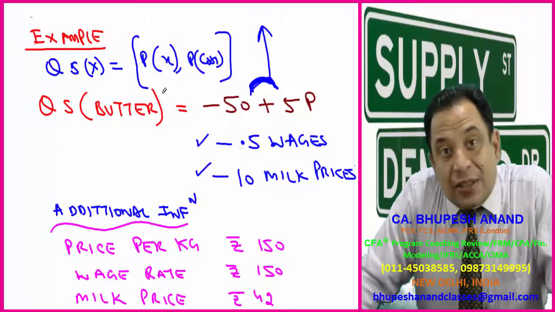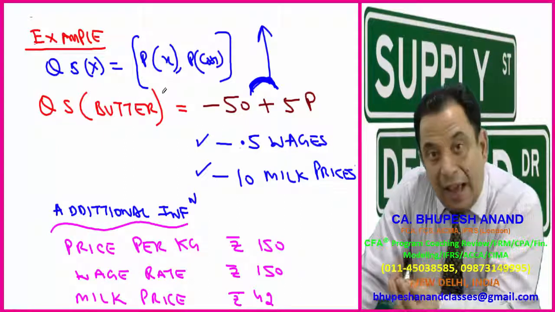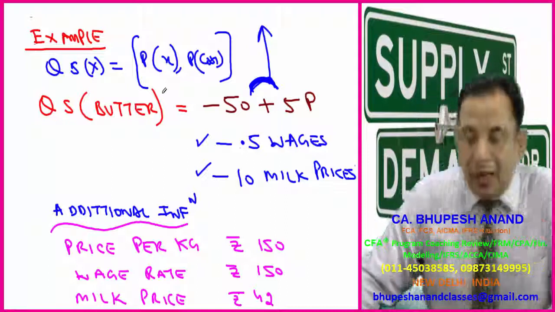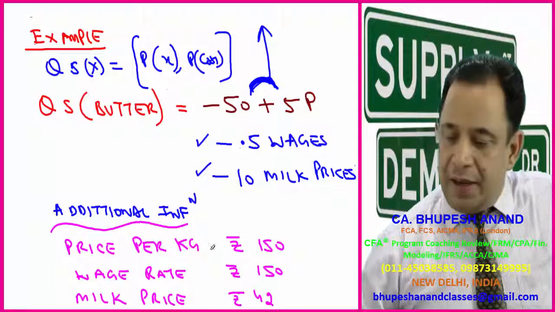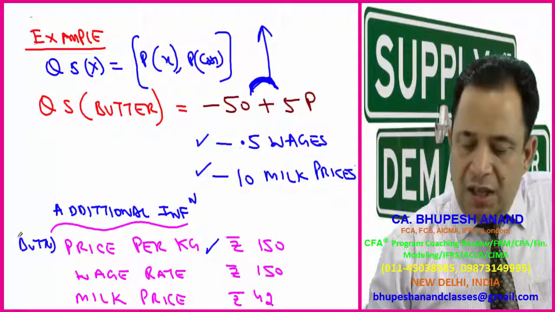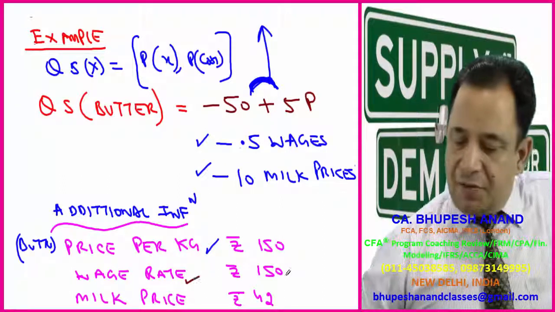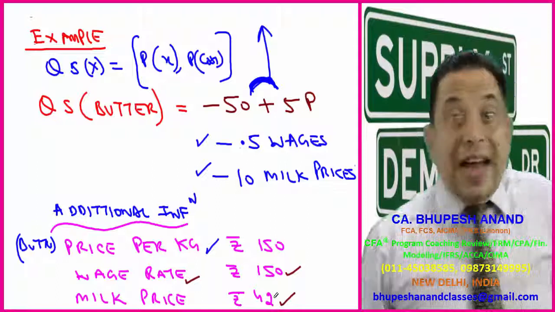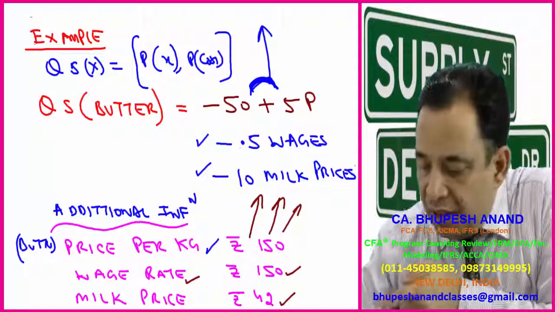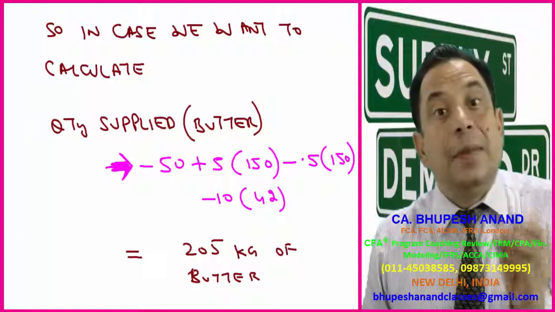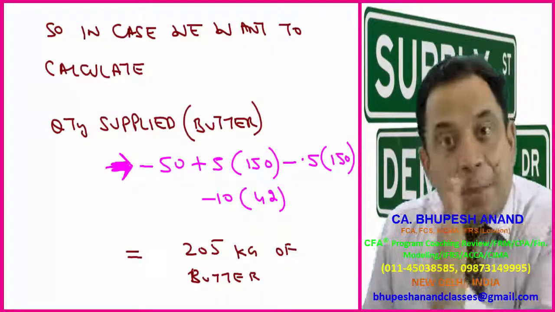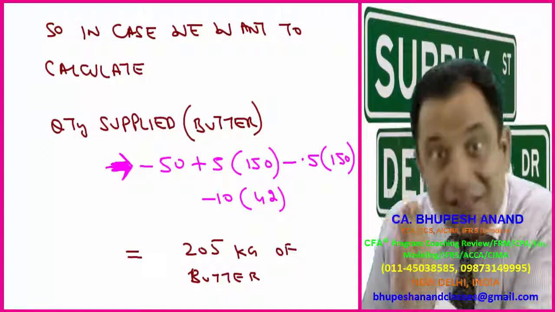If this is the function, and I have given you the values of the factors, that this is the price per kg of butter, let it be 150, the wage rate is 150, and the milk price is 42, then I can feed these figures into this equation and calculate the quantity supplied, given this price of butter, this price of milk as raw material, and this wage rate.